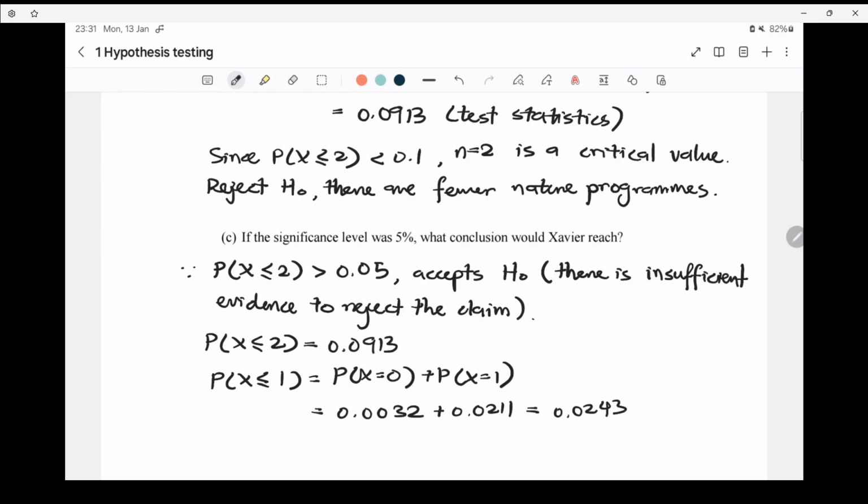So this is less than 5%. Let me double check.